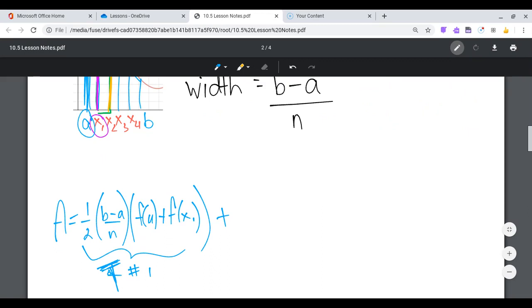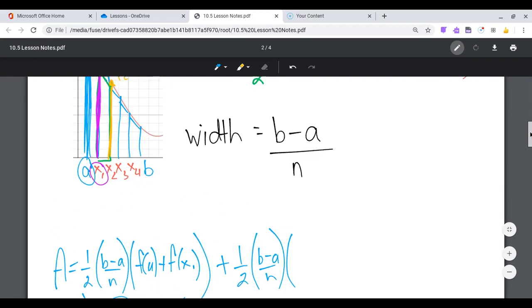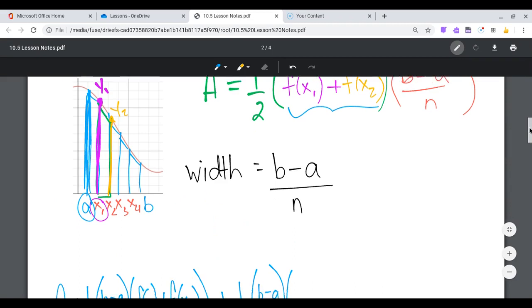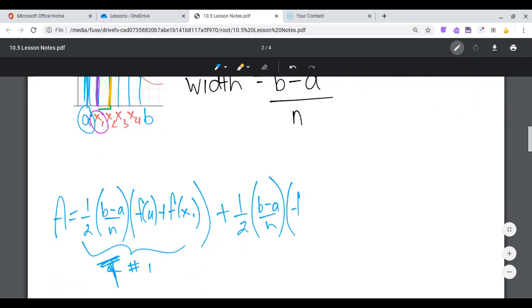Okay, plus then I go to the second trapezoid, 1/2 times the width of the trapezoid times the lengths of the two bases, the two parallel sides together, which is what we just did on this example. So that's f of x1 plus f of x2.